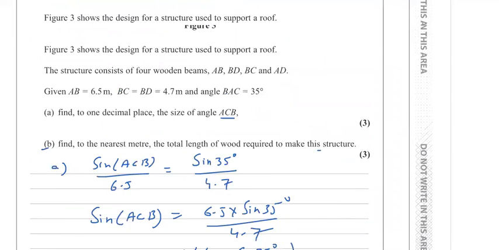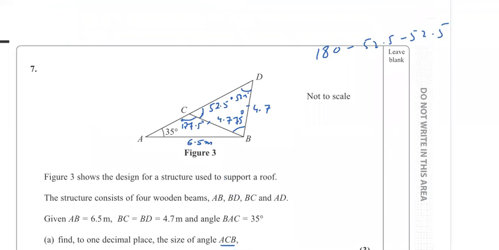Now I have all of these except this AD. To find AD, if I can find this total angle in this triangle, then easily we can find the side AD. I have this 35, and I know this is 52.5.